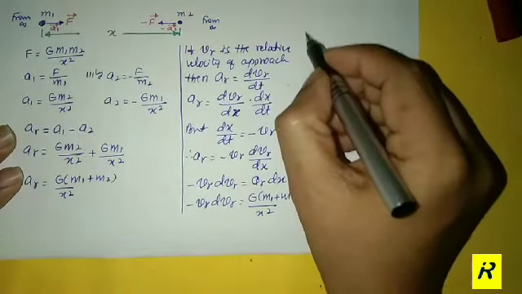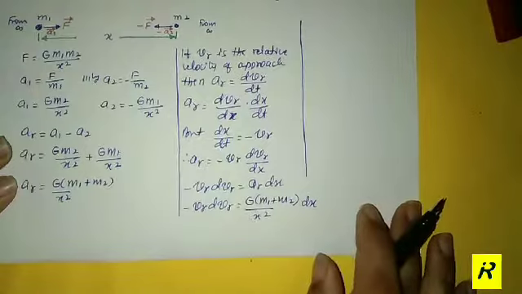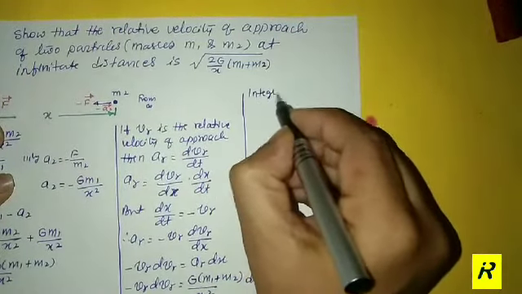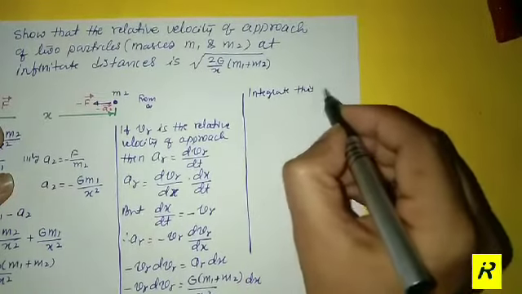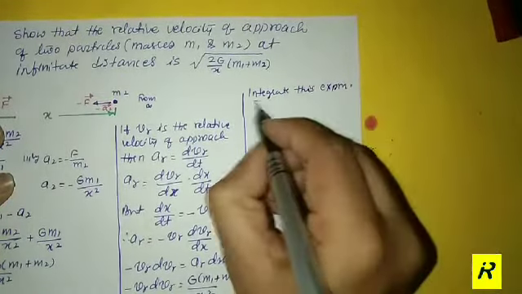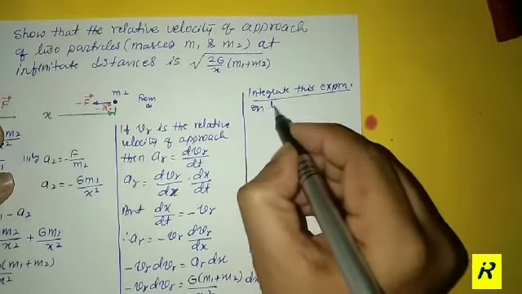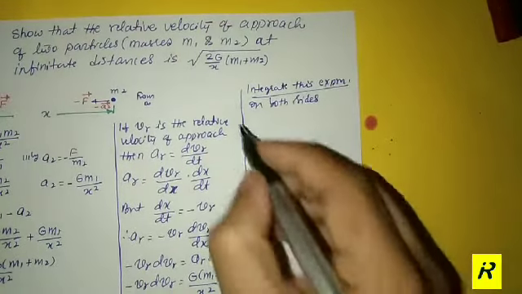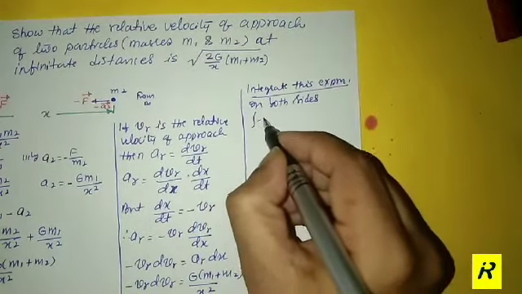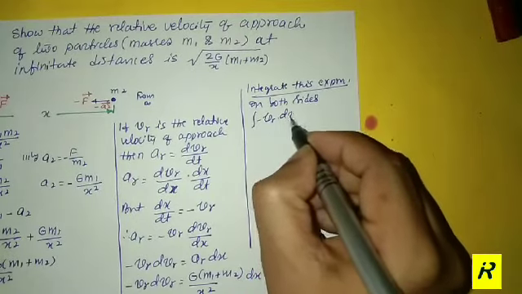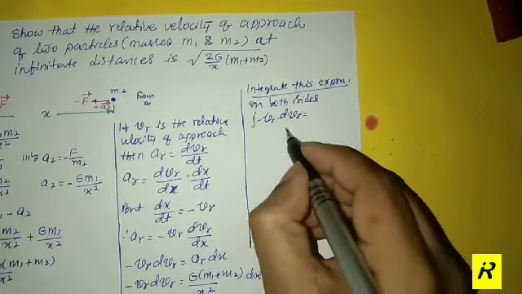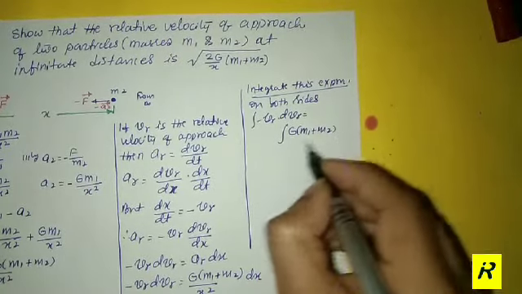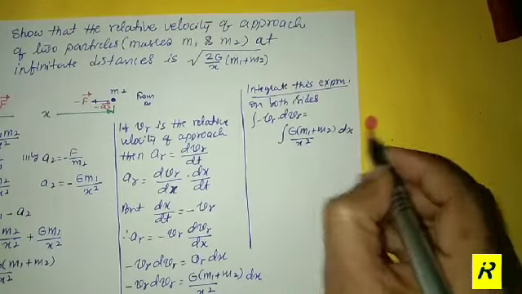In order to find the final answer, now integrate this expression on both sides. That means integration of minus Vr dVr is equal to integration of G (m1 plus m2) divided by x square into dx.